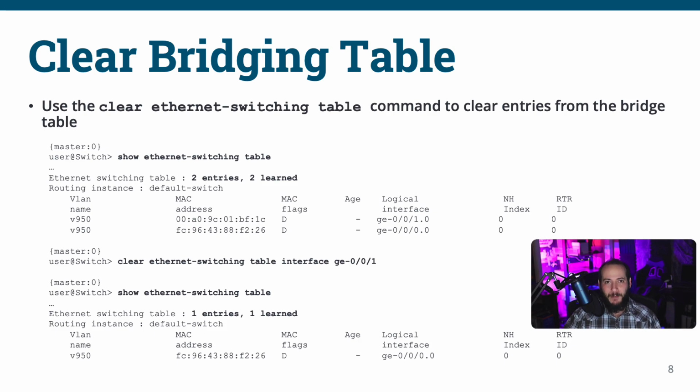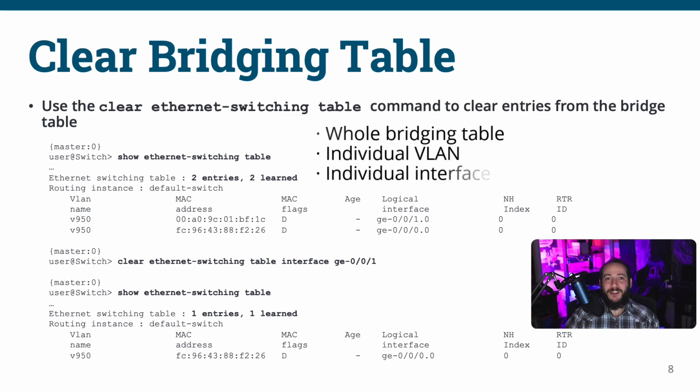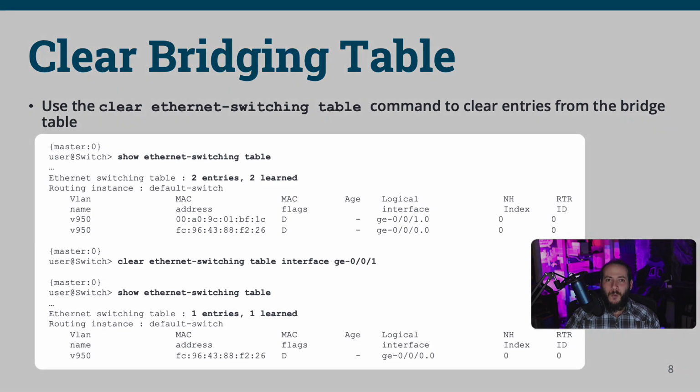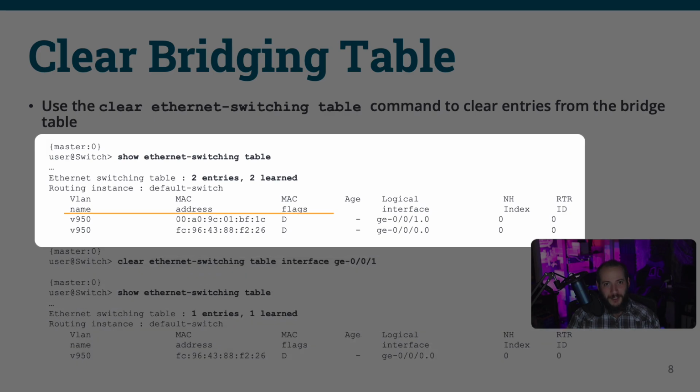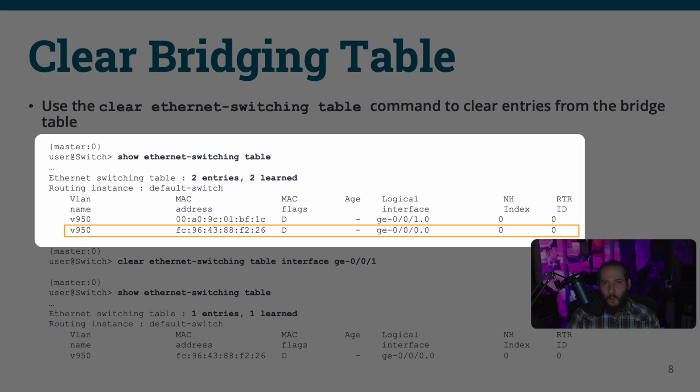The bridging table can be cleared as a whole, for a single VLAN, or for a single interface. Here, we demonstrate clearing the bridging table entries for a particular interface. First, we see the 2 entries in the bridging table, one on ge-0/0/0 and the other on ge-0/0/1.